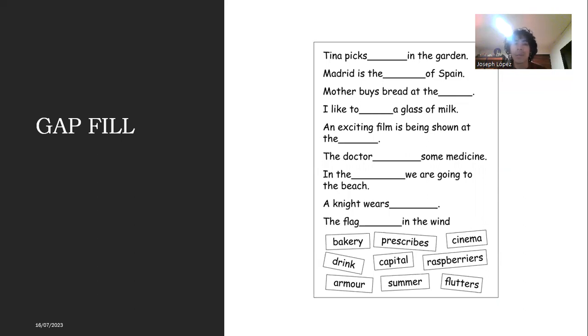For example, in the first sentence, Tina picks pigs in the garden, and the answer options are cinema, raspberries, flowers, bakery, drink, capital, summer, armor, etcetera. The student should select one of these and fill in the space. Okay, for example, Tina picks the cinema in the garden.